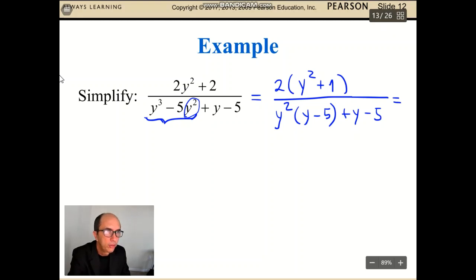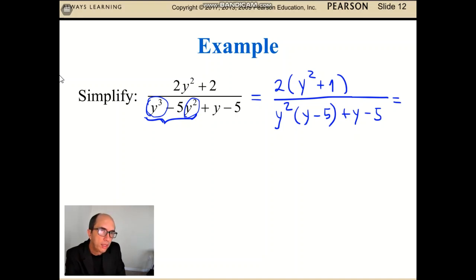Check if you're following. I factor out only here: y cubed is y squared times y, and negative 5y squared is negative 5 times y squared. Okay.